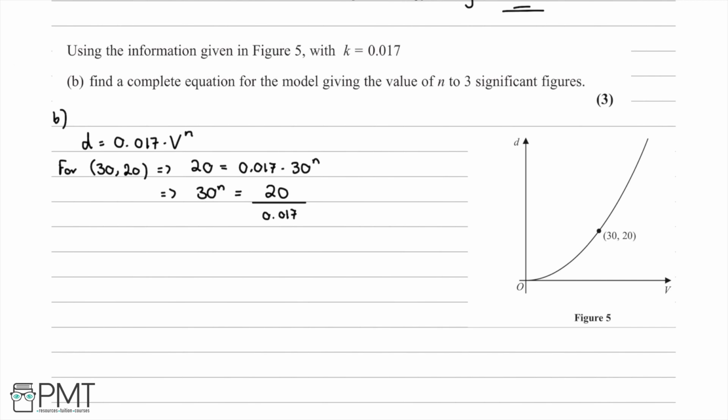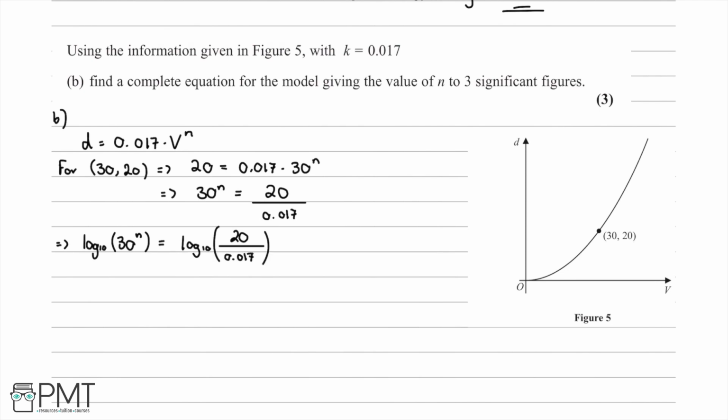So writing all this down, we'll then have that log base 10 of 30 to the power of n is going to be equal to log base 10 of 20 divided by 0.017.